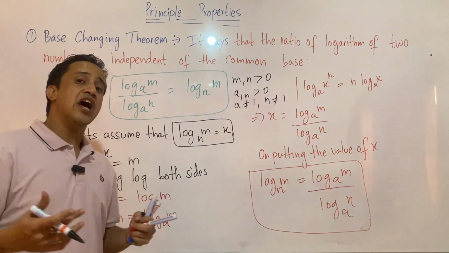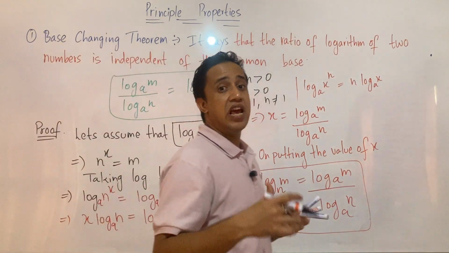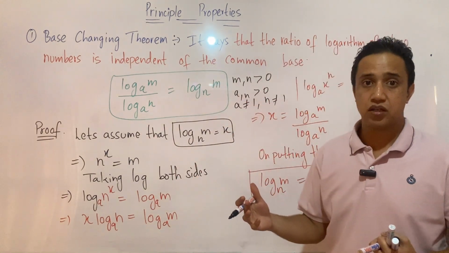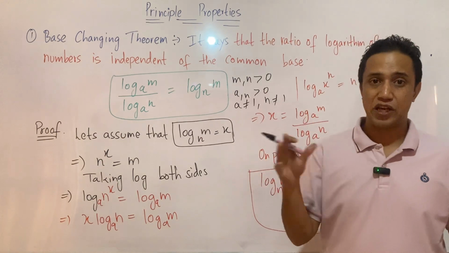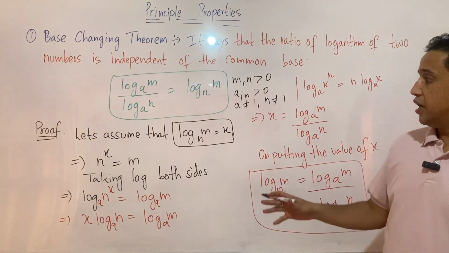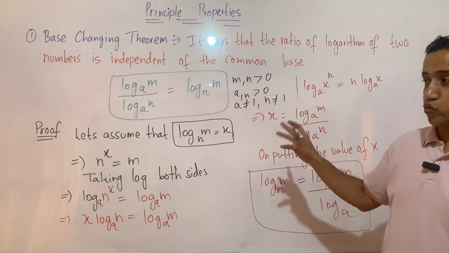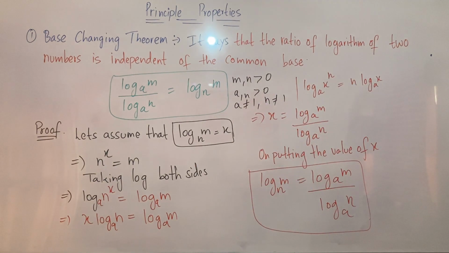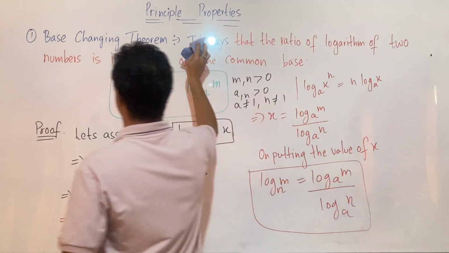Okay, and here your base can take any arbitrary value, right? But make sure that the value should not be equal to 1. Okay, so this theorem is going to be very, very important. Okay, now let's move to the next property and see what it says.